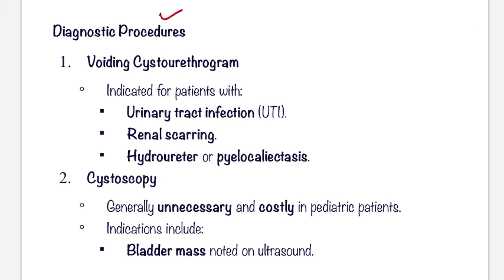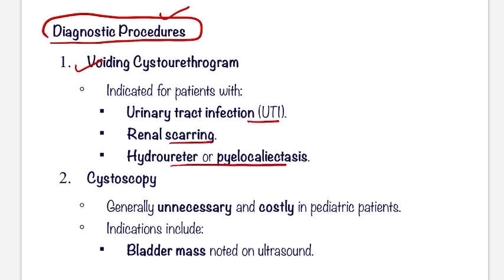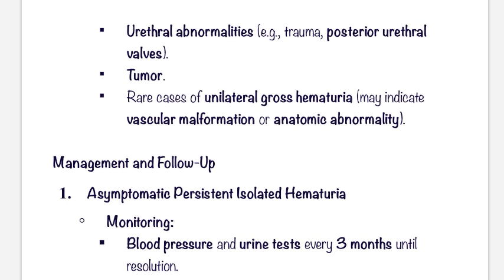So, what you will do to diagnose these conditions depends on localization, like voiding cystourethrogram for UTI, renal scarring, hydroureter or pelvicalicectasis, and cystoscopy. This is actually for any bladder mass or any ureter abnormalities, tumor.